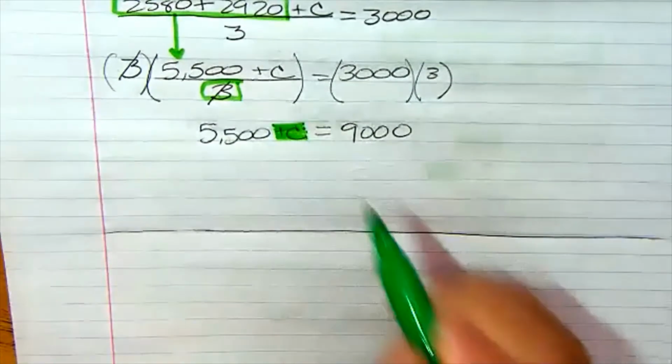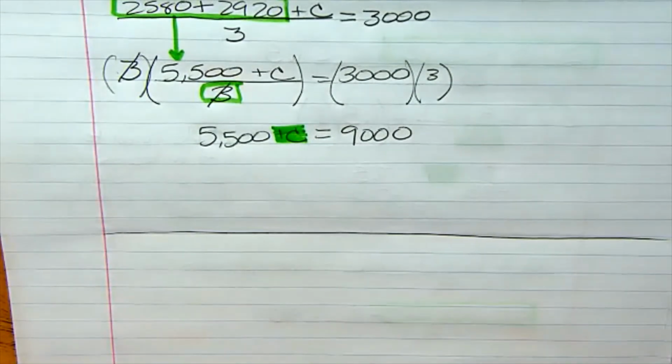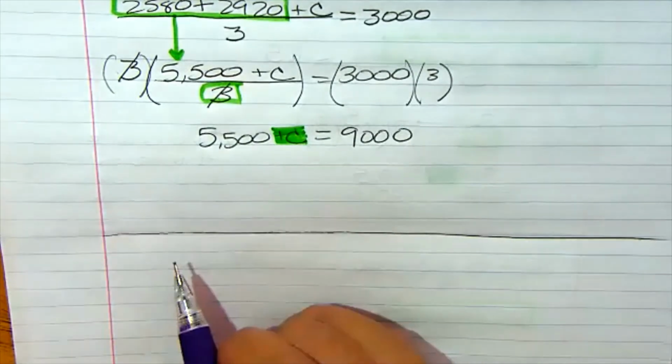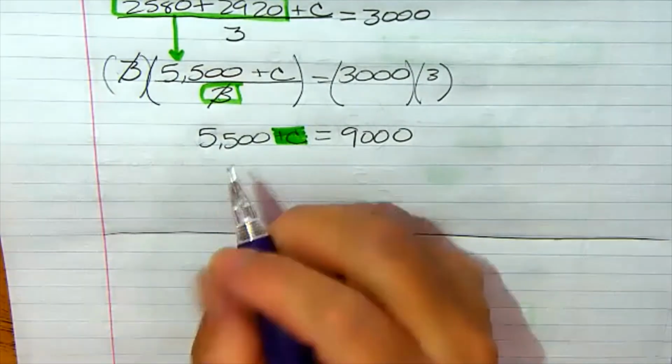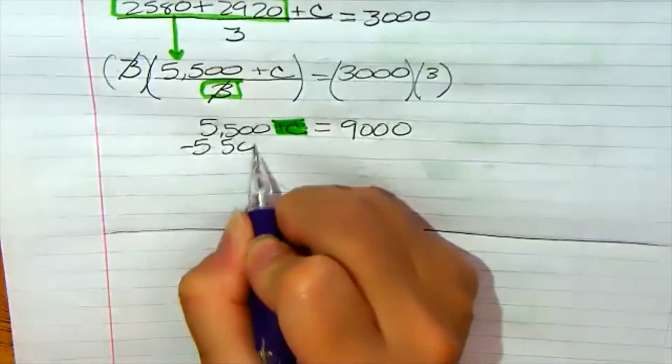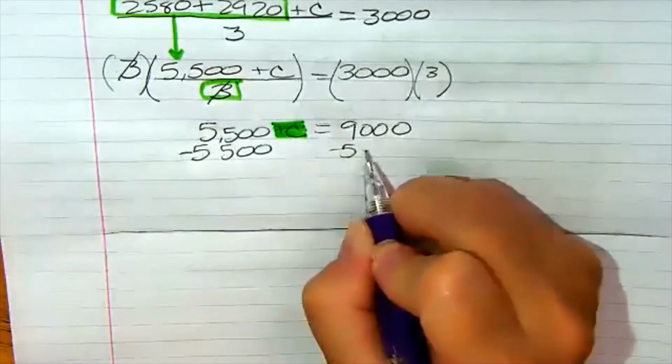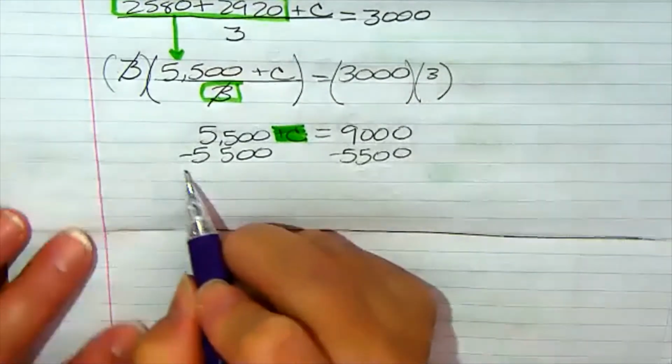Now I want to isolate my variable. So I need to undo this positive 5,500. So I'm going to subtract 5,500. What I do to one side, I must do to the other.